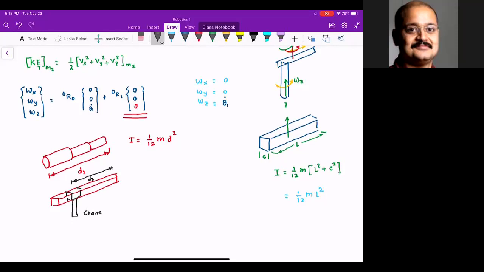In the case of telescopic link, you will say it is 1/12 md2 square, because that length itself is changing, but mass is not. When it's closed, you have the same mass m. When that gets extended, it has the same mass, but it's more distributed. However, if you have a crane, then no matter what is the value of d, your L is going to remain the same.